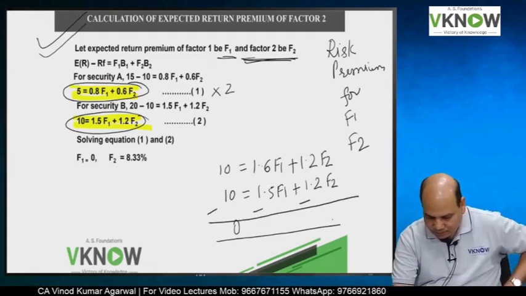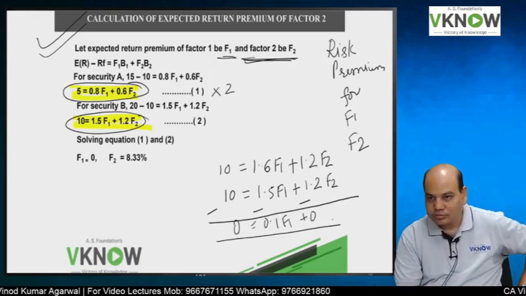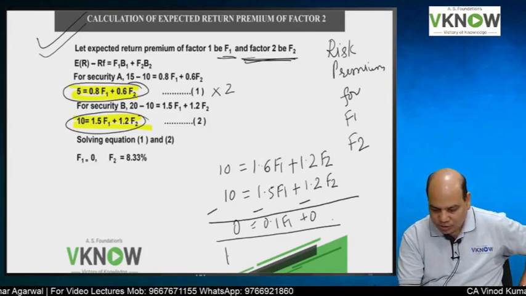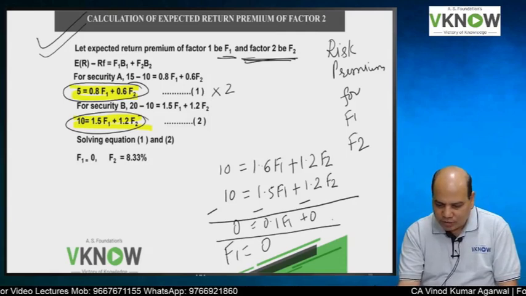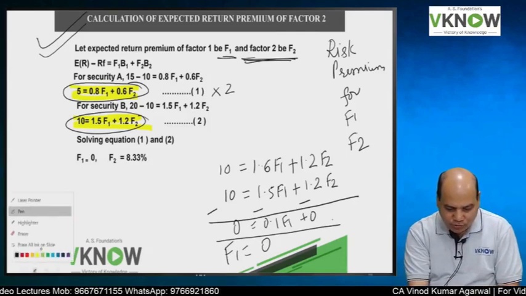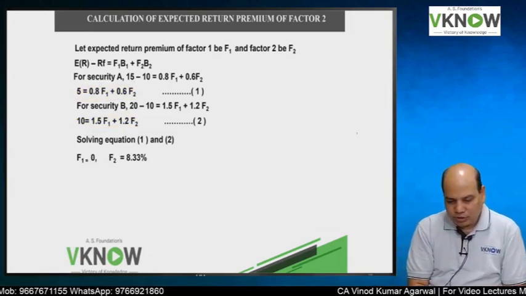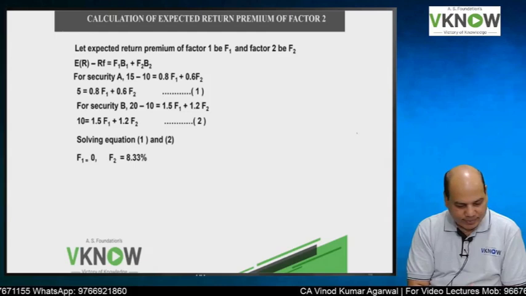This will be 0.1 F1 and this will also be 0. Is it right? So which means F1 will be equal to 0. Something like this. See, I am not very sure and today is not the time to teach the equation. So this way you are going to crack the equation.